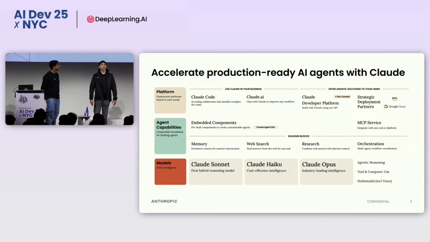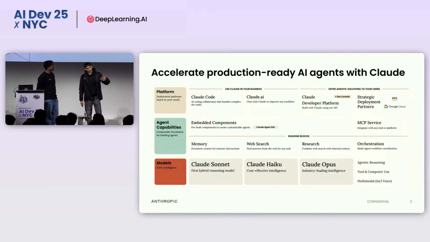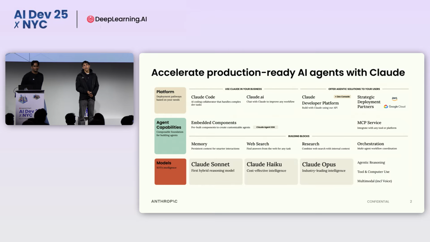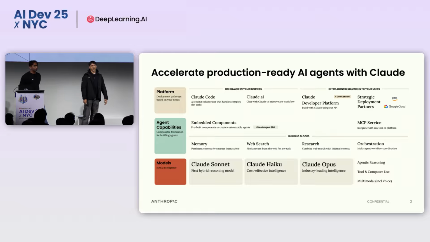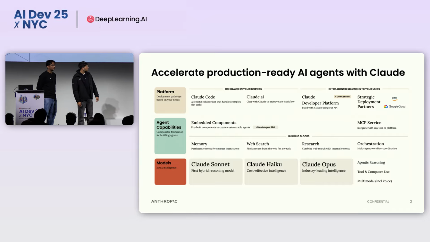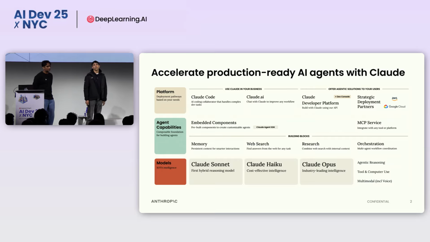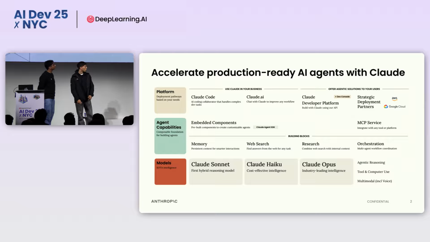And that's where we step into the upper layers of the stack. So one layer above is where we try to build the kind of capabilities that can be used to build agentic applications more easily. So these are things like memory that lets multiple conversations share the same context. These are things like web search, research, and orchestration that lets Claude do more complicated tasks or have multiple sub-agents working in parallel towards a single goal.